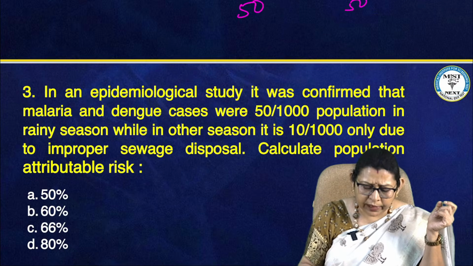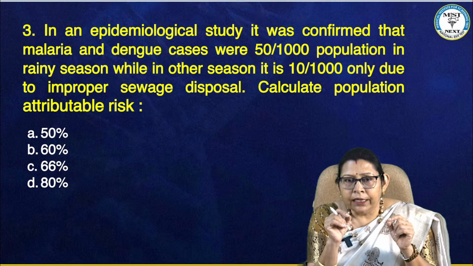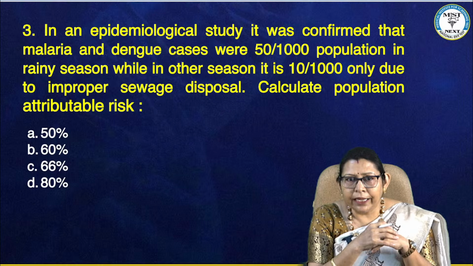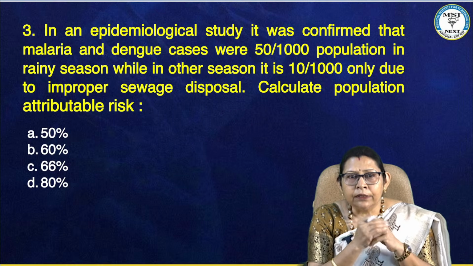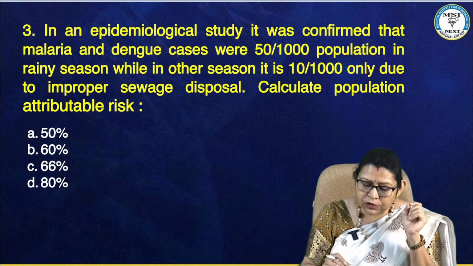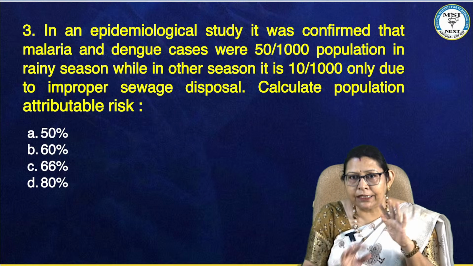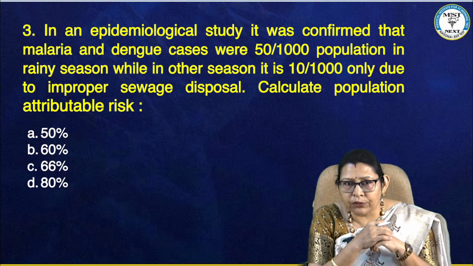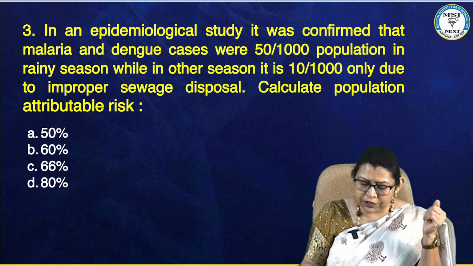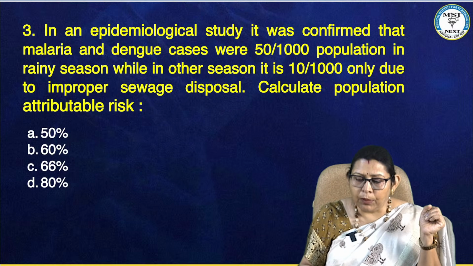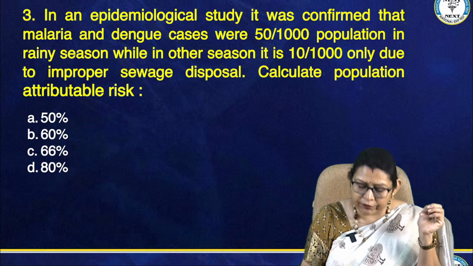Okay? In an epidemiological study, it was confirmed that malaria and dengue cases were 50 per 1000 population in the rainy season, while in the other season it is 10 per 1000 only, due to improper sewage disposal. Calculate the population attributable risk.